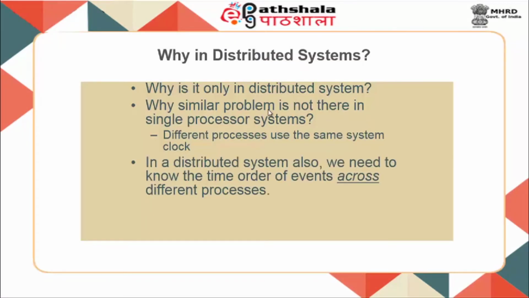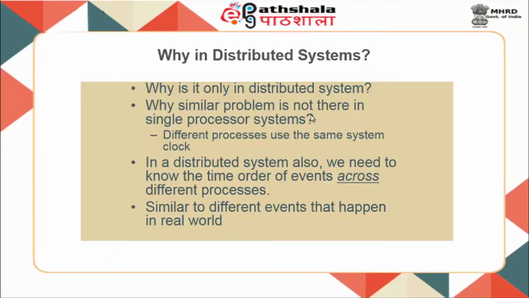All processes running in that system will be using that particular clock, and therefore, they will be perfectly in synchronization with each other. But in a distributed system, the processes are running in different machines and the processors are still looking at the system clock, but here we have multiple systems or multiple machines. This is the problem that we have.